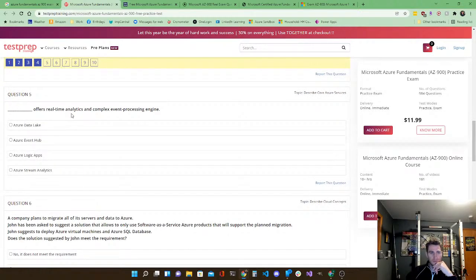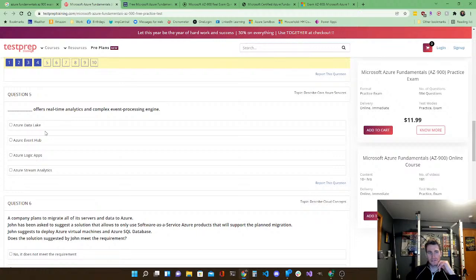Blank offers real-time analytics and complex event processing engine. Yeah, so the data lake is kind of this storage of data that doesn't really have any sort of schema or structure to it necessarily.